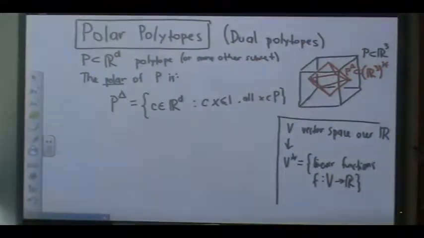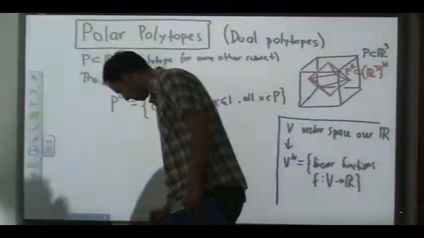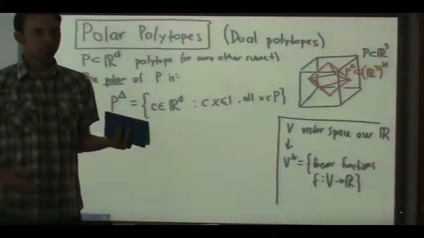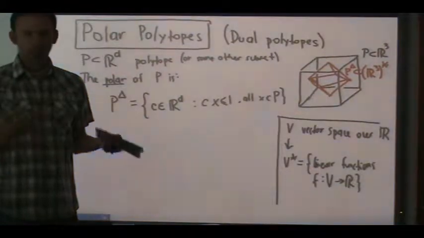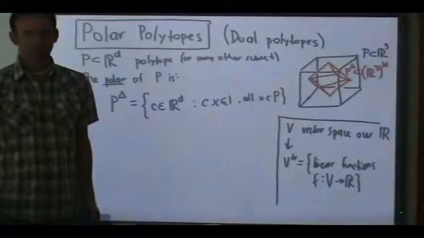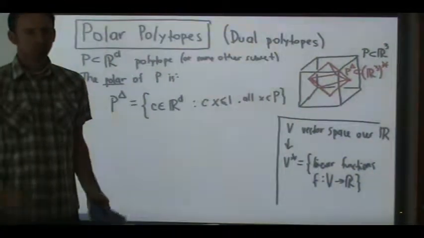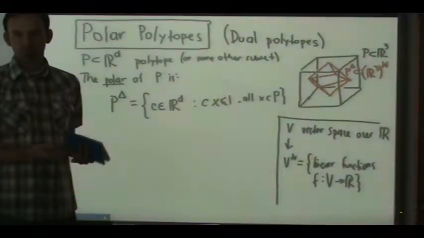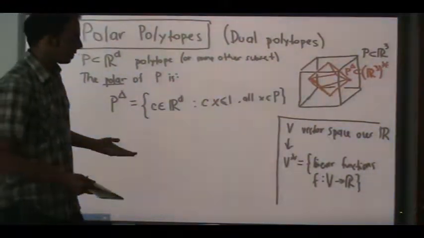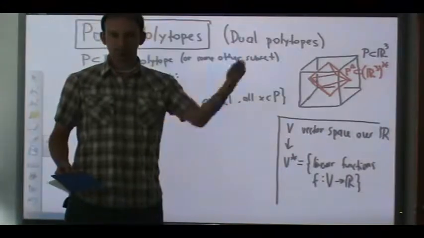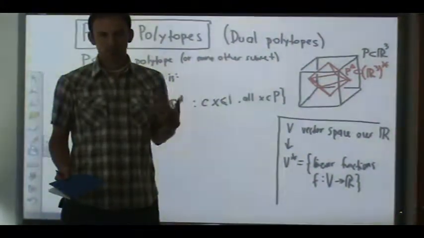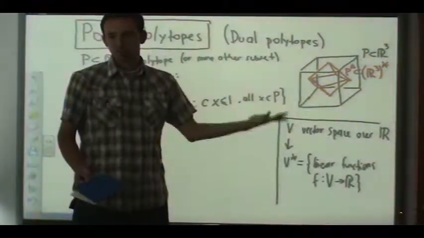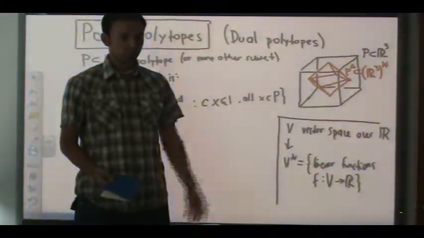Now let me say a couple of things about this. You can tell a vector space by its dimension, as long as you know the field that it's over. All d-dimensional real vector spaces are isomorphic. And since to define a linear function you just have to define what it is on the basis, if V has dimension d, the dual also has dimension d, so in some sense they're the same, they're isomorphic vector spaces.